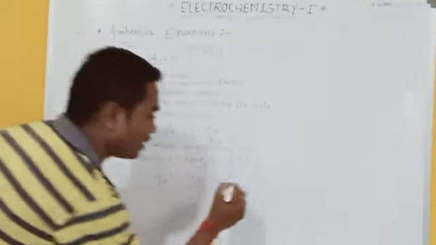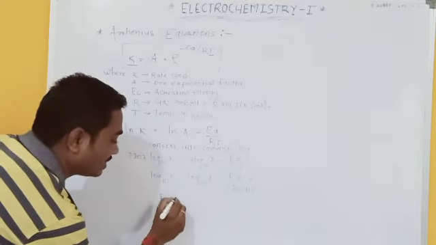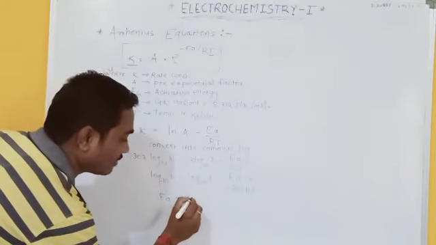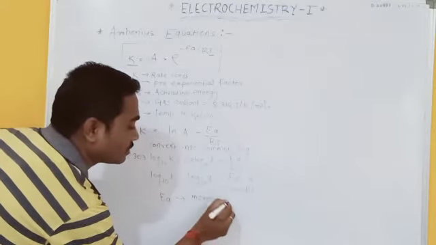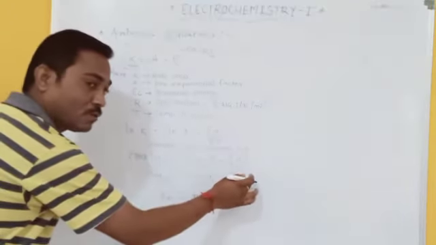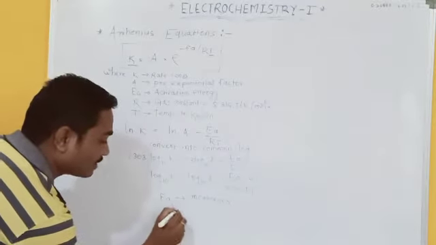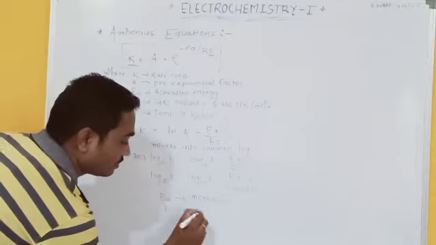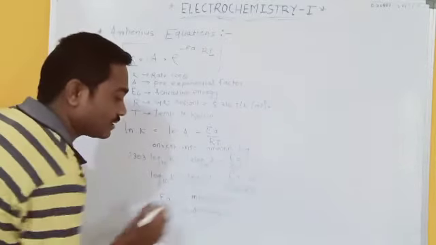If the value of activation energy increases, then the value of rate constant K decreases. Why? Because EA increases.